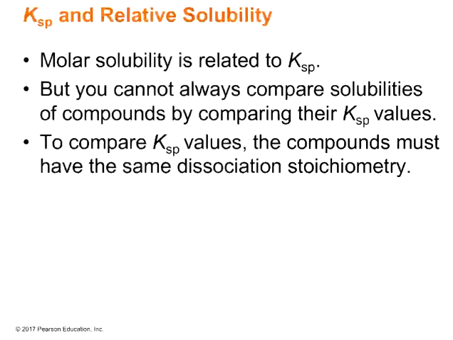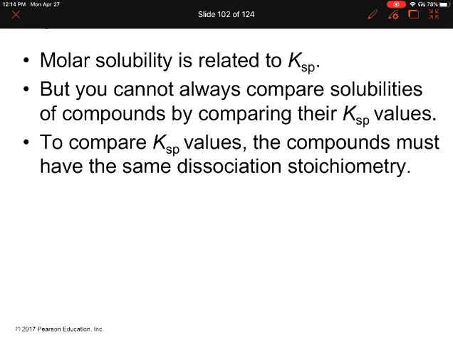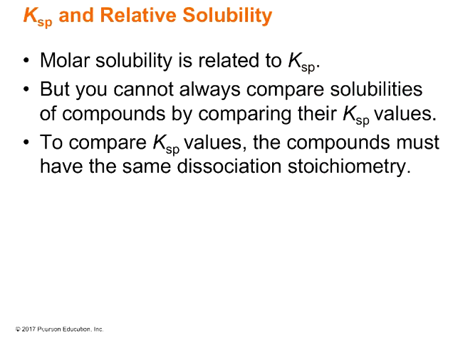In order to actually compare KSP values, the compounds must have the same dissociation stoichiometry. So, let's write out a little table here to demonstrate what that means. Let's say we have magnesium hydroxide.